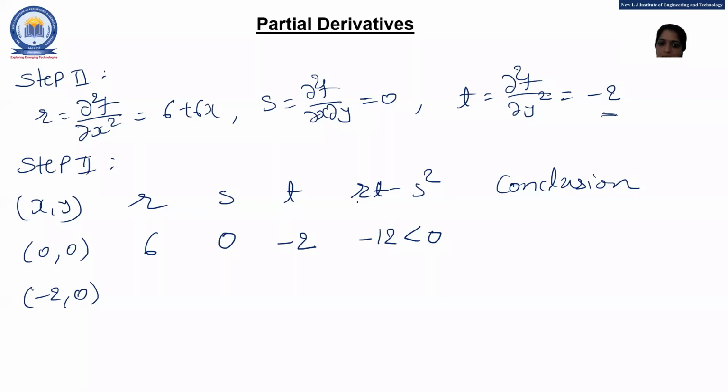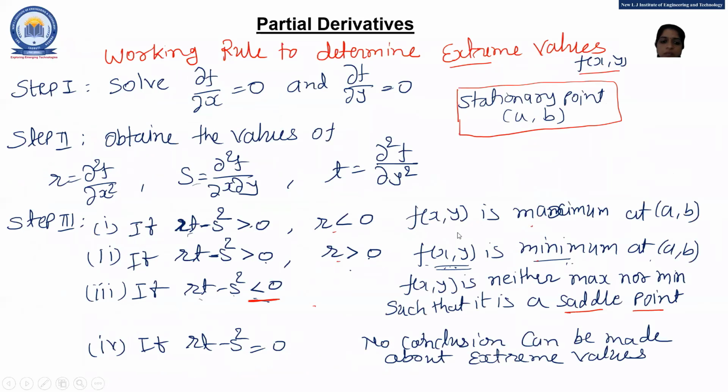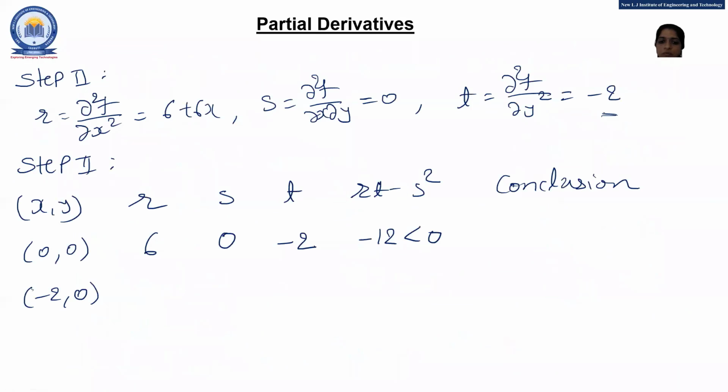And as RT minus S square is less than 0, as per the working rule, the function is neither maximum nor minimum, and that point is known as a saddle point, right? So here for this point 0, 0, my RT minus S square is negative.